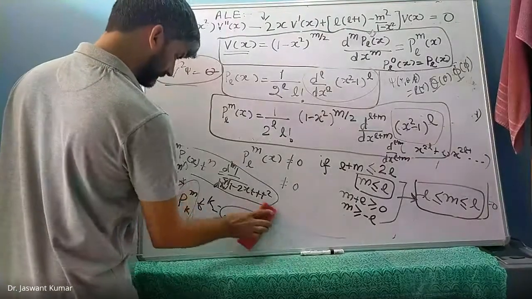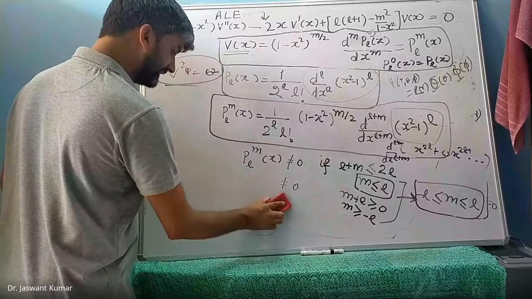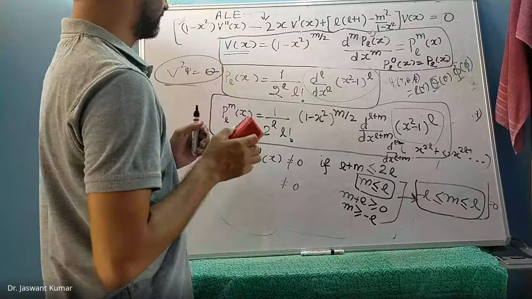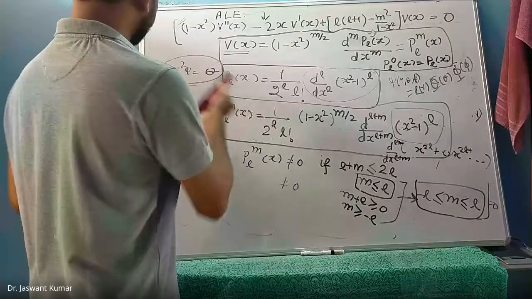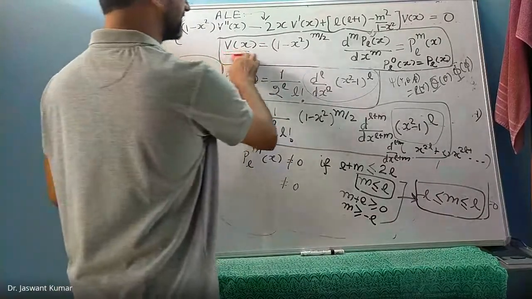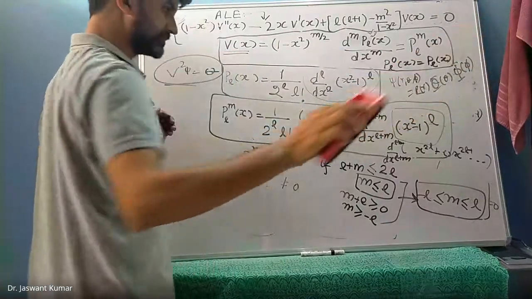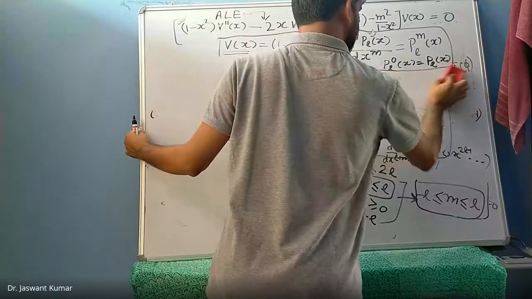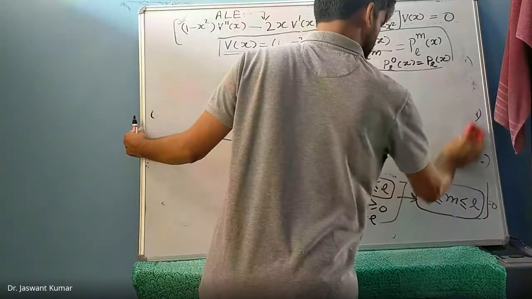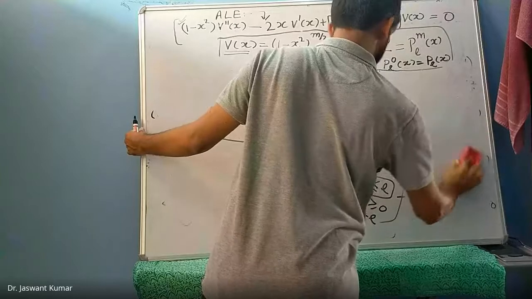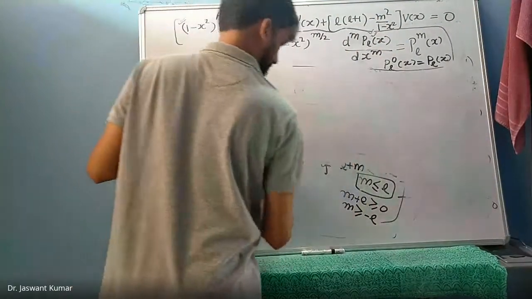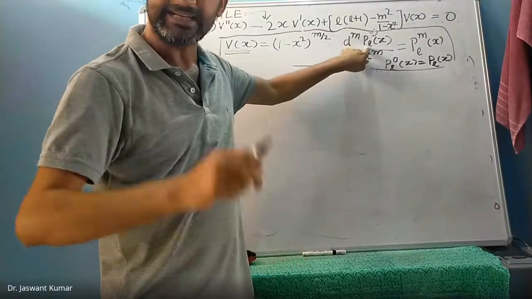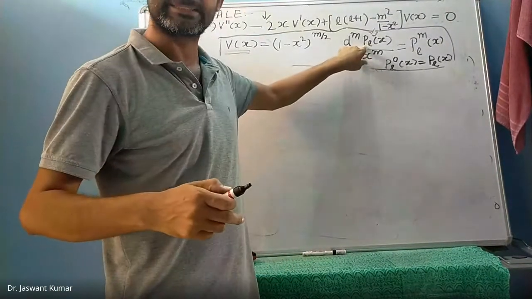Another important thing. I can erase everything on this board now because I have given you this idea. So the next idea that I give you is about the recurrence relations for PL of x.